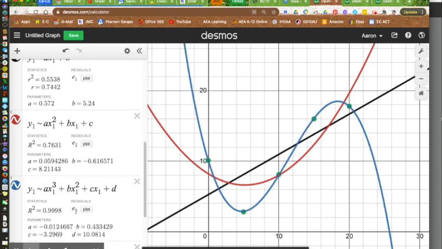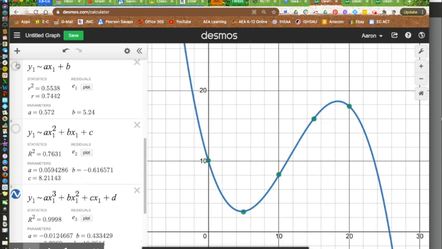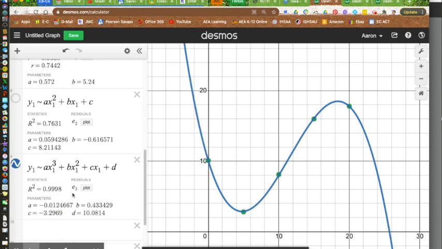Now the cubic is looking really good, and I'll turn these other two off so you can see it a little better. But that cubic looks really, really good right now. It's going through every one of our points. And if you look at the R squared is 0.998, which tells me this is a great model for the data points that we have.